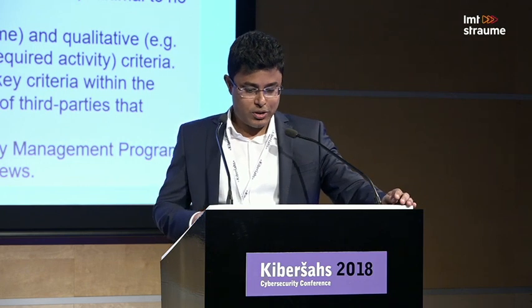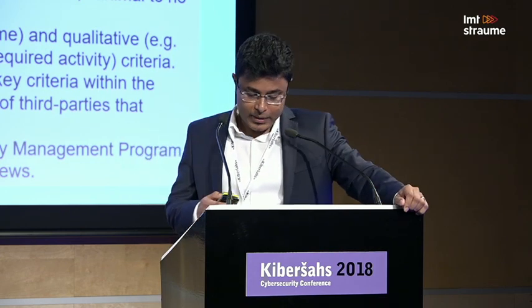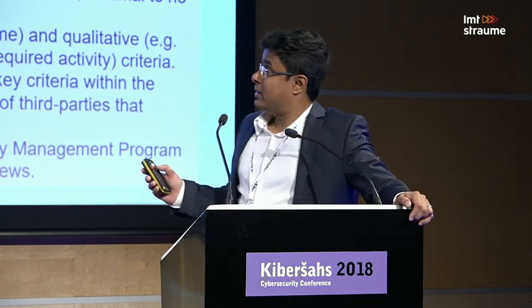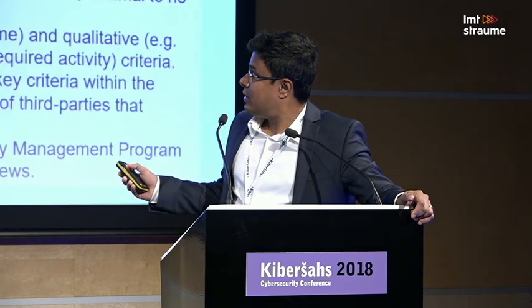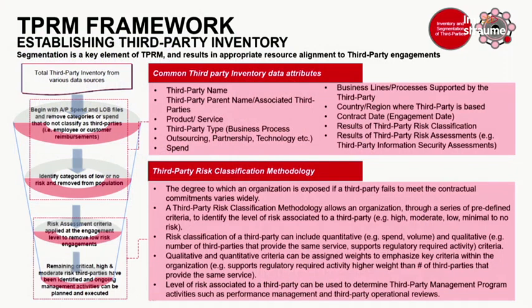So it's important to ensure that these controls are defined effectively, so that you categorize these vendors. Basically, the common third-party inventory data attributes are the key aspect to consider: defining the third-party name, third-party parent, associated third parties, which are the fourth parties in general, and product or service, whether it's goods or a service. Then the third-party type: what is he providing you, is he a partner, and what is the spend.